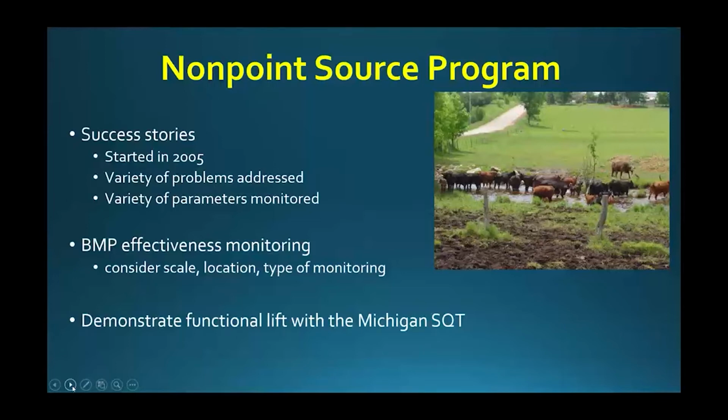And so what we're really talking about here is BMP effectiveness monitoring. And so we need to get some monitoring before a BMP is installed, and then we get post monitoring to try to show that success. And so what we want to do with the Michigan SQT is demonstrate functional lift in a variety of parameters.